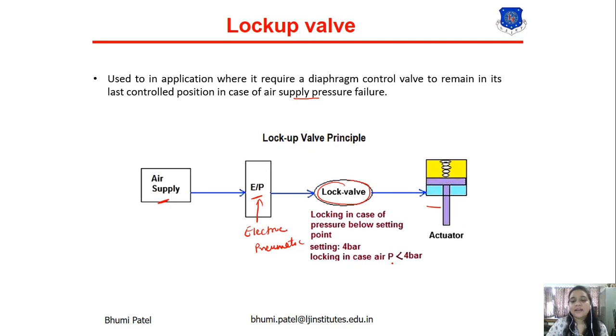Locking in case air pressure is less than 4 bar. If we connect the electric to pneumatic converter directly to the actuator, we can get more than 4 bar pressure, and because of air supply failure we can control or reduce the pressure, so we connect the lockup valve between these devices. So this is the lockup valve principle.